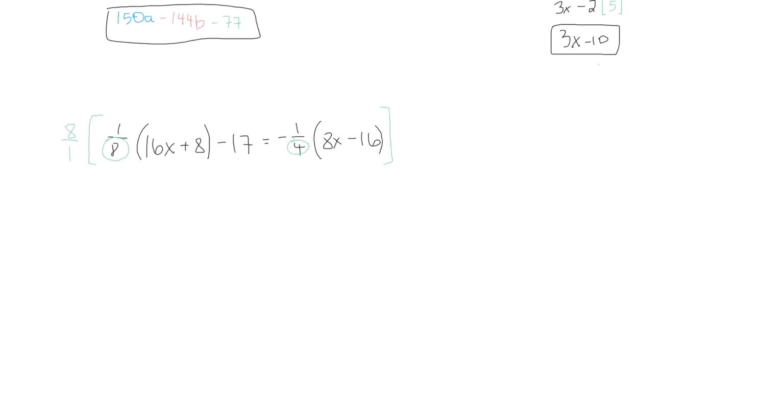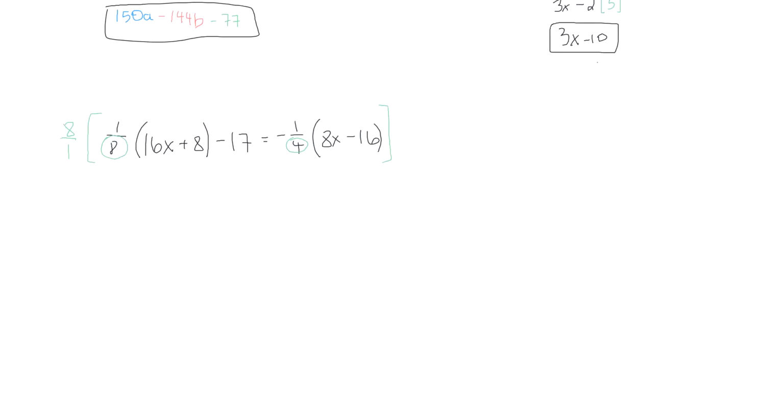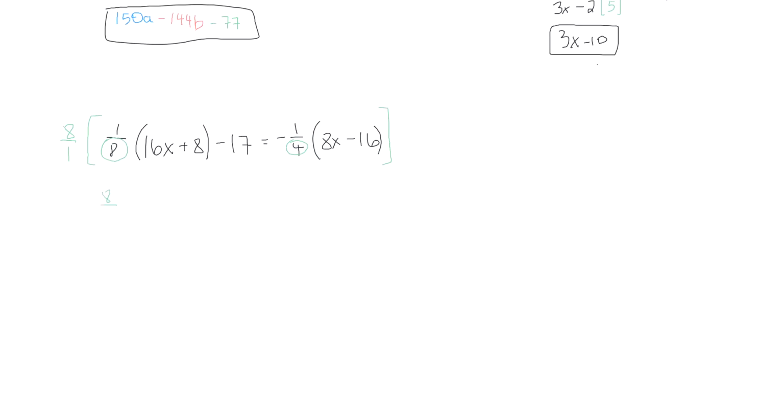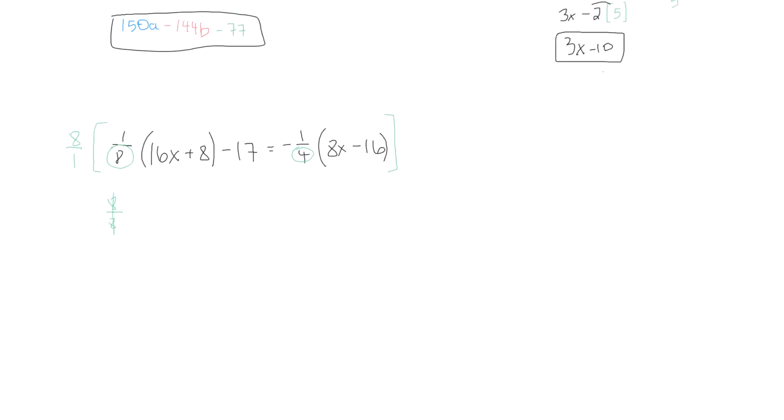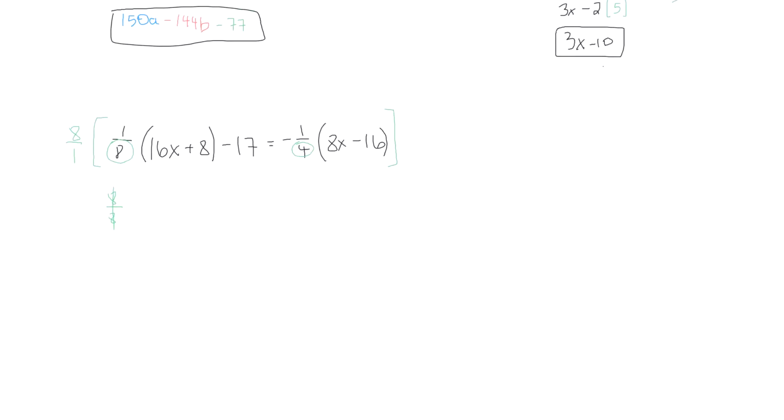So 8 times 1/8 is 8 over 8. That's just going to be 1, so I'm just going to cross it out. And I'm just going to be left with the 16x plus 8. I'm only multiplying the things that are outside of the brackets, because in the brackets, it's like a protective force field.